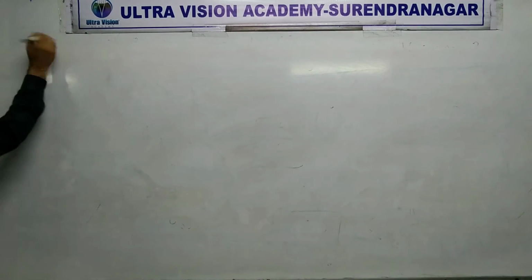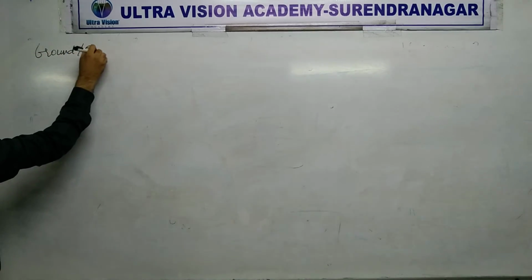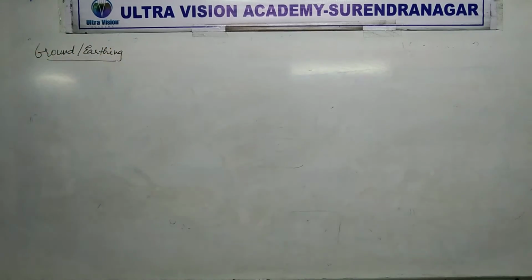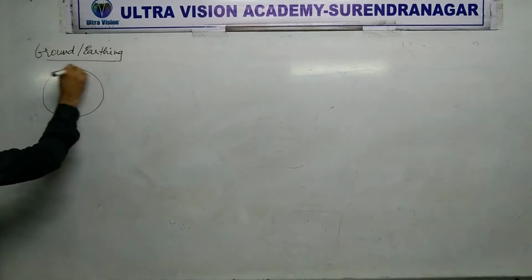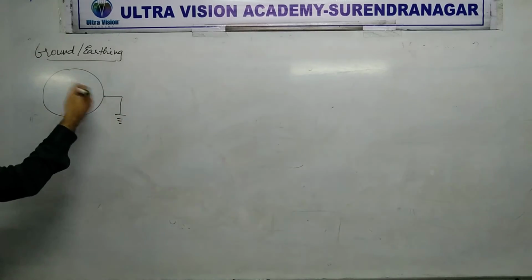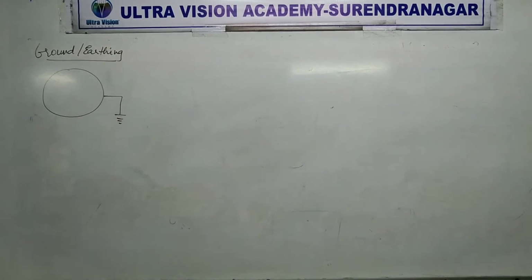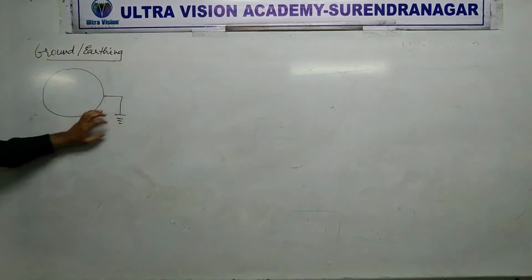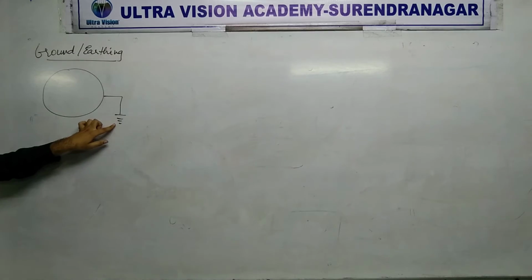Now let's talk about a word that you are already aware of: ground or earthing. We have studied it in chapter 1. We connect something with earth, so it takes up the extra charges. That's what is called earthing. Suppose this is some object, some shell, that is grounded.